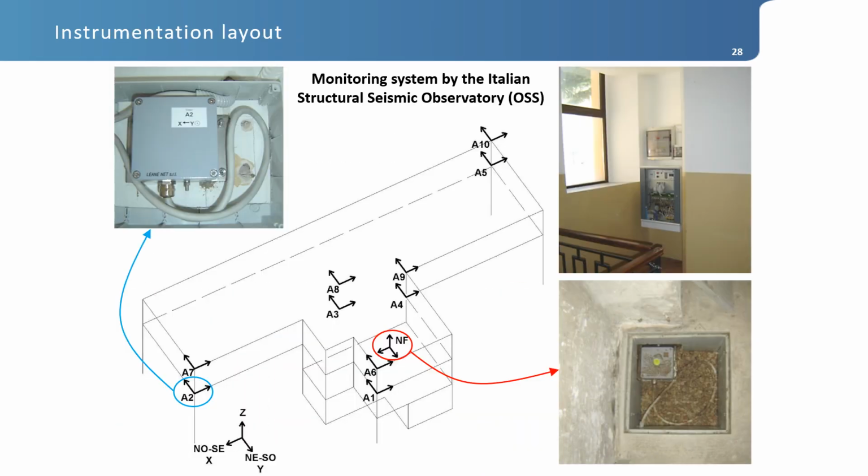The scheme of the monitoring system installed by the Italian Civil Protection, by the Structural Seismic Observatory, and these are examples of the instruments which are installed in the structures, starting from the basement to the different stories and the different positions to capture the main aspects of the seismic response.